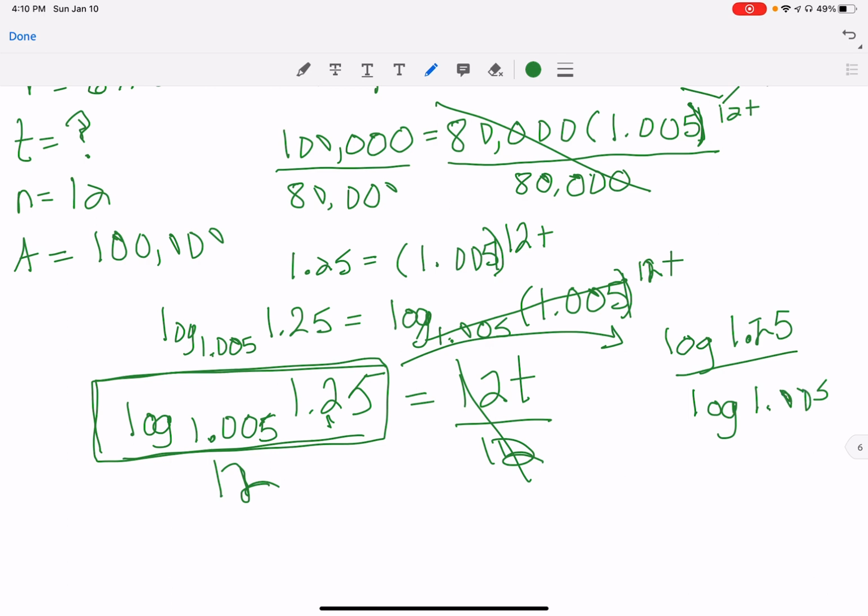So you can punch that in your calculator using your log button, and you end up with 44.7. So now you can replace this with the 44.7 and divide it by 12.